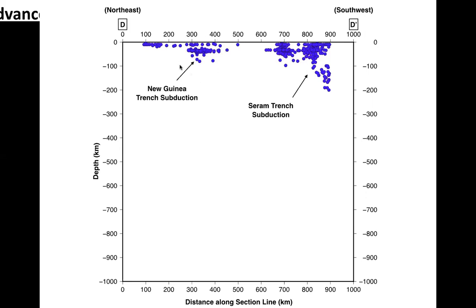So it's unclear whether this is a relatively young addition to subduction within the New Guinea Trench, or a result of the increasingly oblique convergence. There's not a very strong convergent component here, and thus it's not subducting as deep.